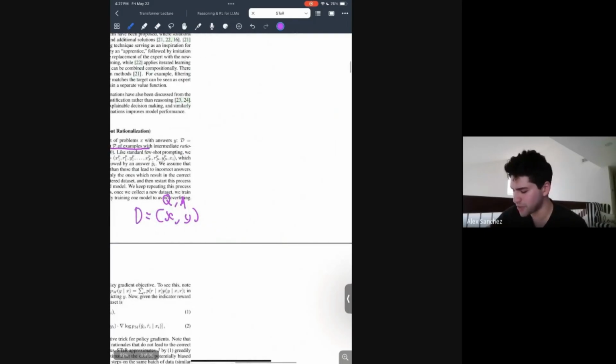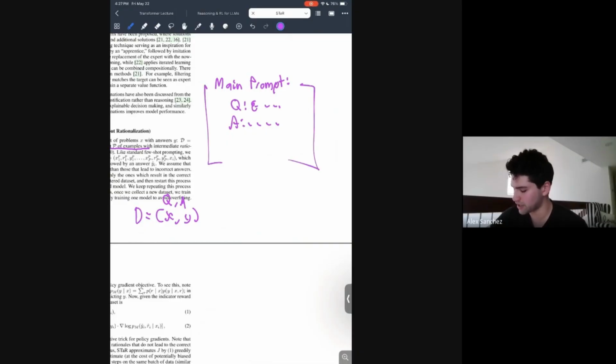They're saying, let's use this example of 10. Relative to the dataset, let's say the dataset is 100,000 question-answer pairs, they have 10 question-answer pairs as examples. And that's in the main prompt. And then again, the model is prompted to answer whatever the original question is.